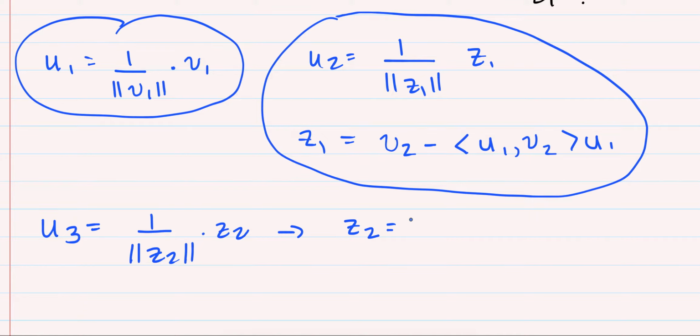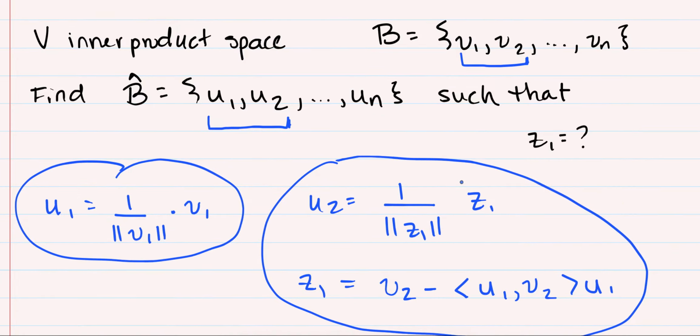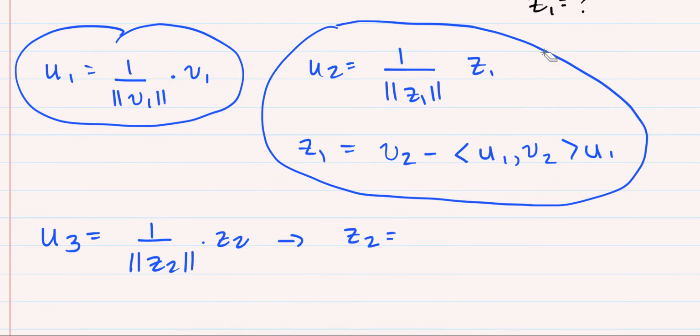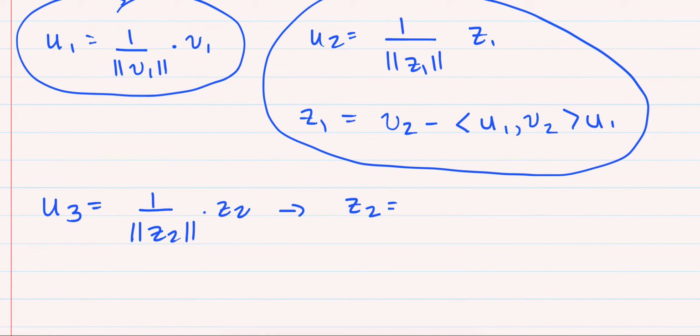Since we have U1, U2, U3, it should be some kind of combination of V1, V2, V3. And this is going to be very similar to what I did a few minutes ago. This is going to be a C1 times U1 plus a C2 times U2 plus this vector V3. Remember when I defined Z1, it was a C times U1 plus V2.